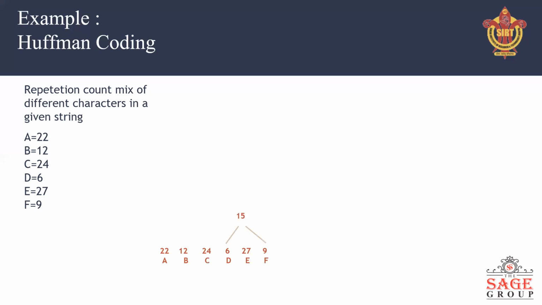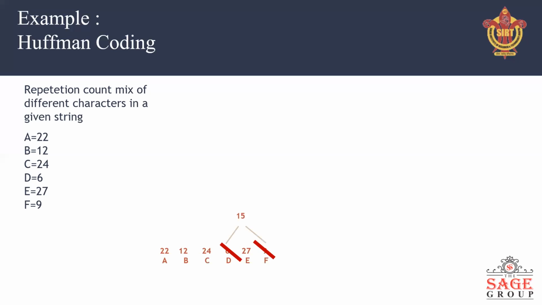We will take both of them and add them to make a new parent node of our Huffman tree, which gives the value 15. Now we will cross these two values 6 and 9 from the input list.